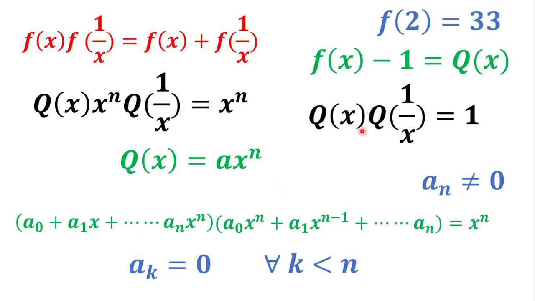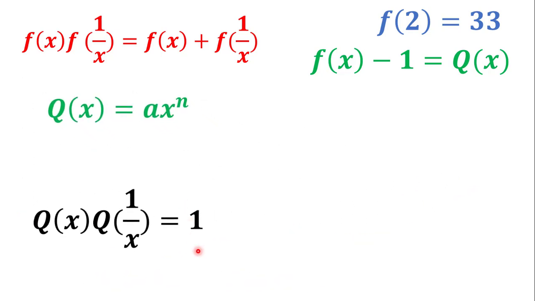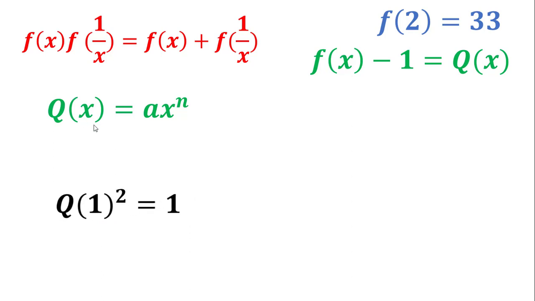We can use this equation q of x times q of 1 over x equals 1. If we replace x by 1, we're going to get q of 1 times q of 1 equals 1, or q of 1 to the power 2 equals 1. We need to raise both sides of q of x equals a x to the power n to the power 2, so we're going to get q of x to the power 2 equals a squared times x to the power 2n.